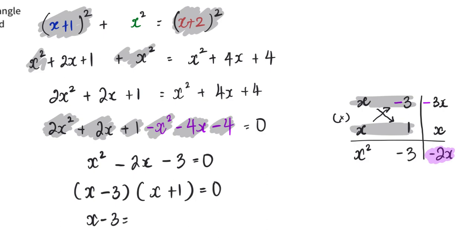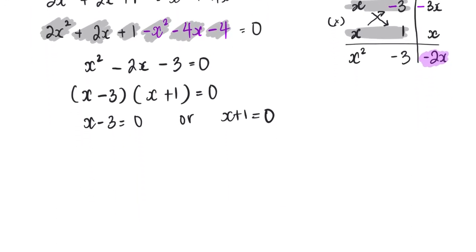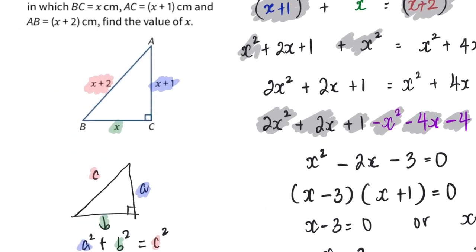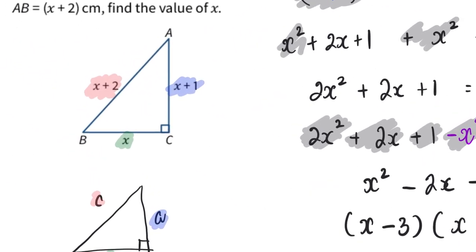So one of the bracket must be equals to 0. And eventually I can get 2 answers. But we are actually talking about length. So right, when I go back to this question, if x is negative 1, what will happen to this?